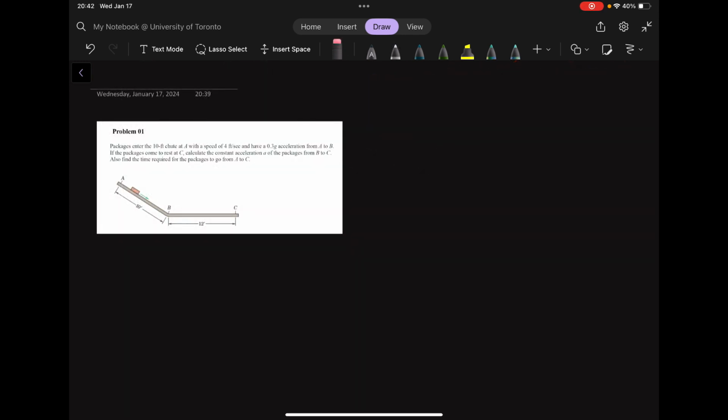Question number 1. Packages enter the chute at A and come to rest at C. So I will say there are two pieces of rectilinear motion here. From A to B, the acceleration comes from gravity and is positive. From B to C, it comes from friction and is negative. Let's collect all the given conditions. The chute is 10 feet, so delta S AB is equal to 10 feet.